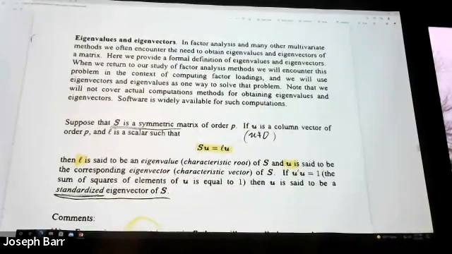This column also has P elements, because the order of S is P. We need conformability of multiplication to make sure this multiplication is doable: S, P by P, times a column vector, P by 1. It should be a vector.